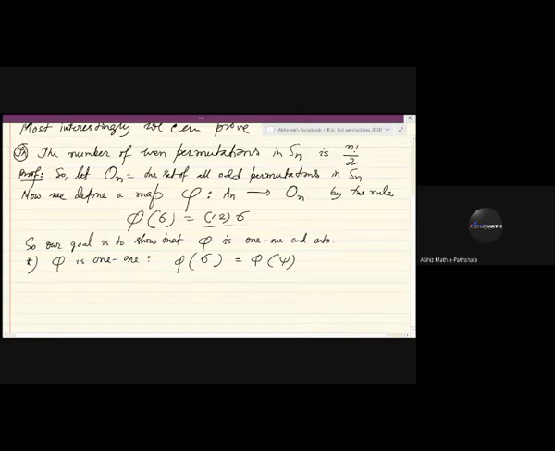Then what will you get? It will be (1 2) sigma equals (1 2) psi. Now you can check the inverse permutation of (1 2). What will be the inverse permutation of (1 2)? It is (1 2) again.